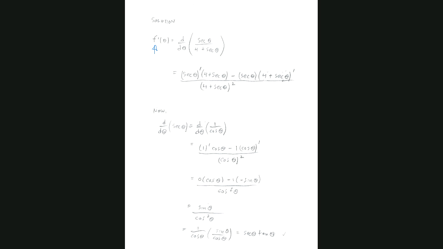We're going to take the derivative of the numerator and multiply it by the denominator, and then subtract the numerator times the derivative of the denominator, all divided by the denominator squared. I just like it in that form.